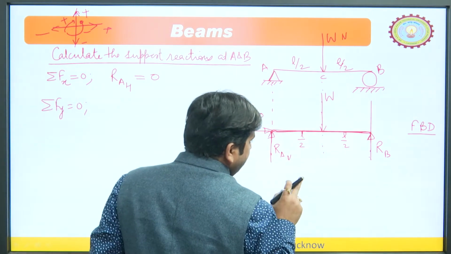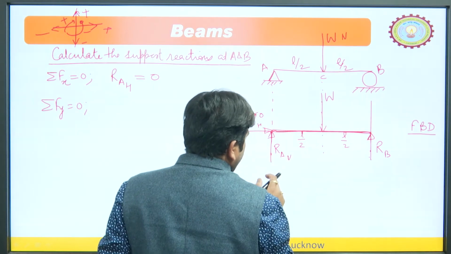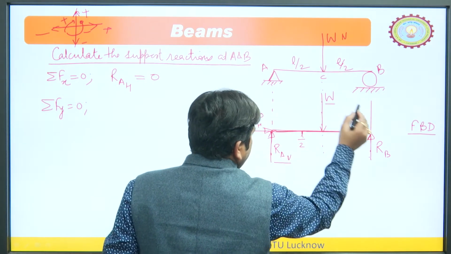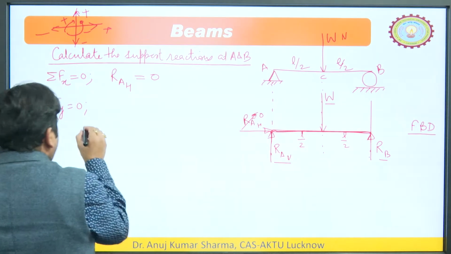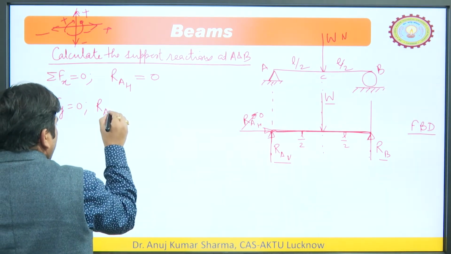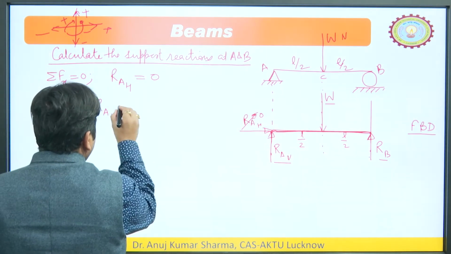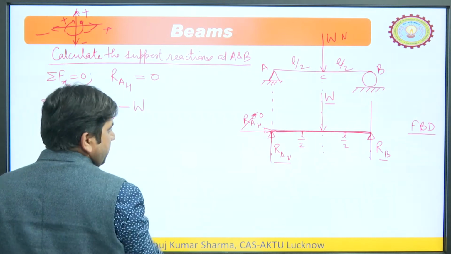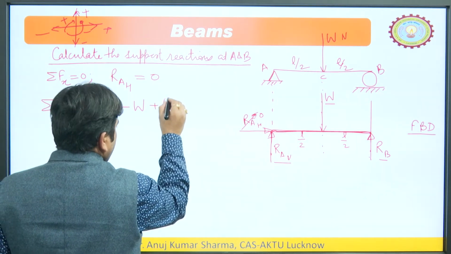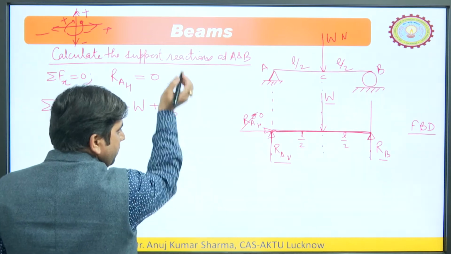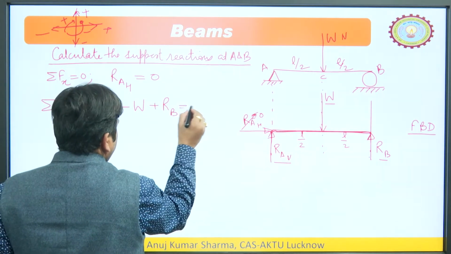Here we have three forces in the vertical y direction: 1, 2 and 3. R A V going upward positive, minus W going downward negative, plus R B going upward. So, it should be 0.